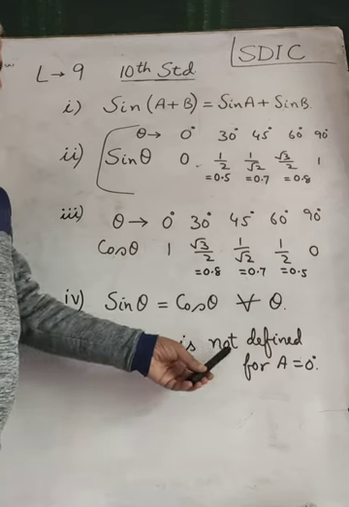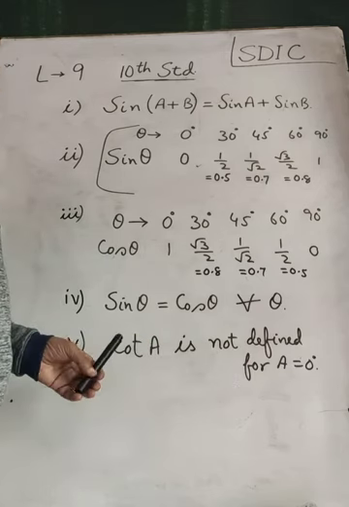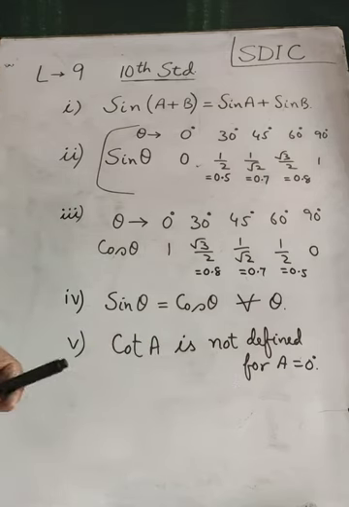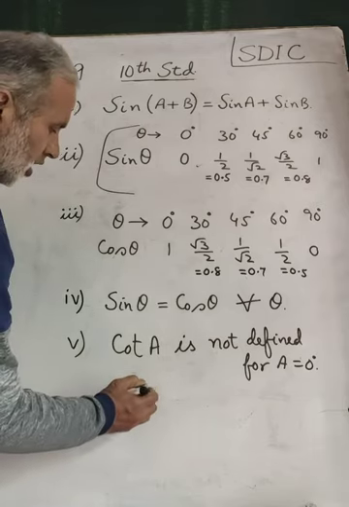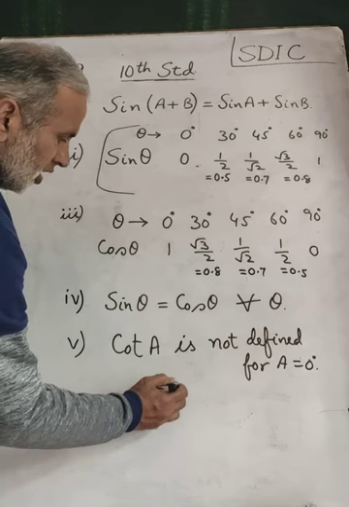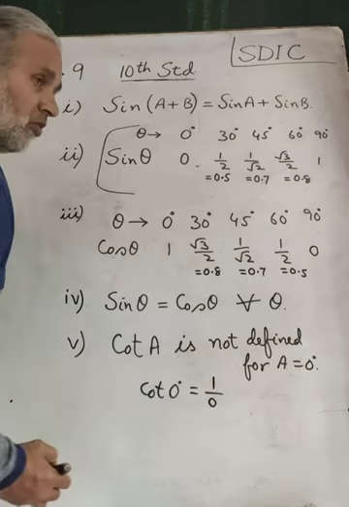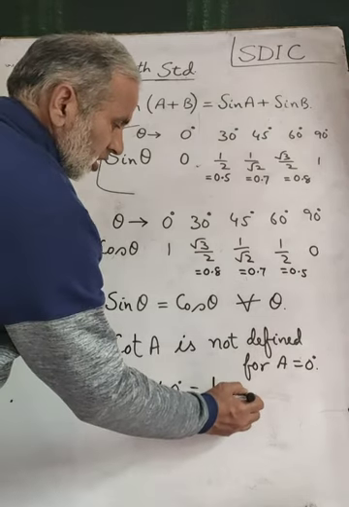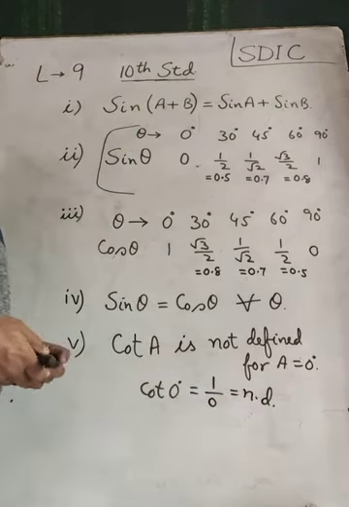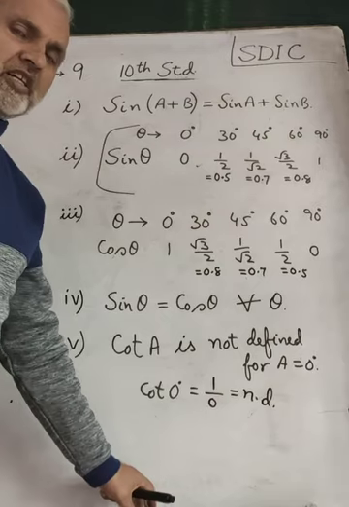Cot A is not defined for A equal to 0 is true, because cot 0 is equal to 1 by 0. And whenever the denominator is 0, the result is not defined. That completes this exercise.